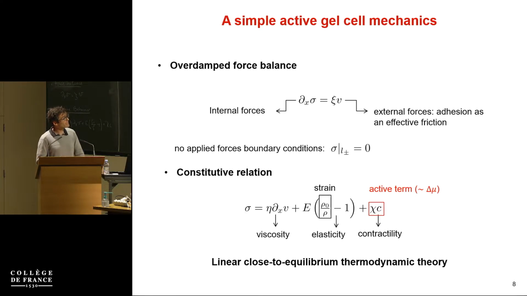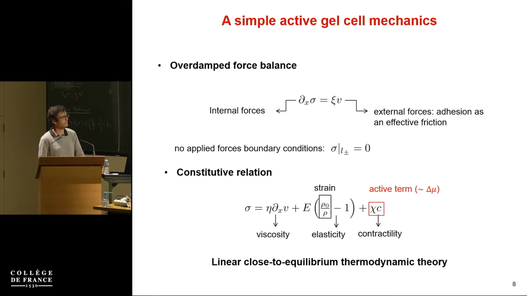And I consider, again, one of the simplest constitutive relations that you can think of, which is a linear viscoelastic constitutive relation, which relates the stress with the strain variable. So here you have a strain rate, and here you have a strain, which is proportional to the inverse of the density, plus a contractile term here, which is really an active term, because in the theory of active gel, it would be proportional to this delta mu variable, which is the difference of free energy between ATP and ADP, which is a chemical reaction which is maintained out of equilibrium.